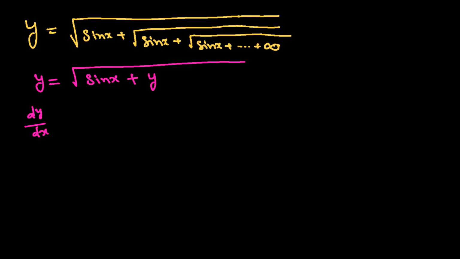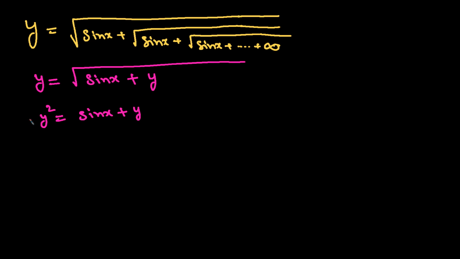Oh, let's make it simple first. How about if we square both sides? That gives me y square, and the square cancels the square root on the right-hand side, giving me sine x plus y. Now take the derivative, and use the power rule.